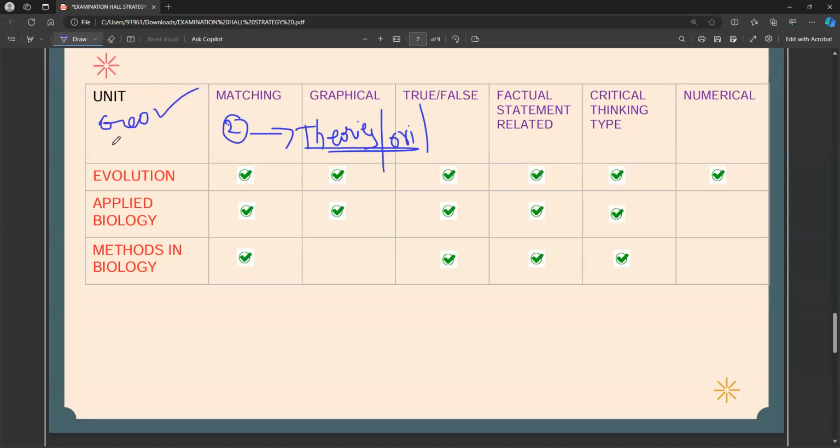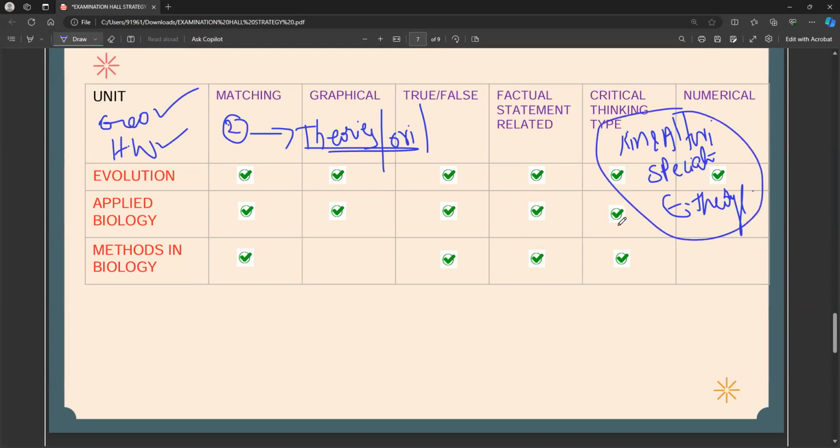Undoubtedly. You will get one more question undoubtedly from Hardy-Weinberg equilibrium, either a numerical or a graphical or a statement related, or a factual statement. Then kin selection, altruism, speciation, and equilibrium theories. From here, they're all theory based only, but they make the questions very difficult, friends.